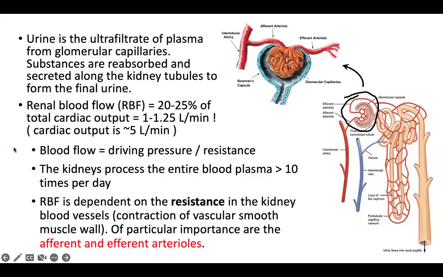And the kidneys, even though they're about 0.5% of the total body weight of an individual, receive about 25% of total cardiac output. So the kidneys are seeing a lot of blood flow per minute, 1 to 1.25 liters per minute of blood, because cardiac output is about 5 liters per minute.